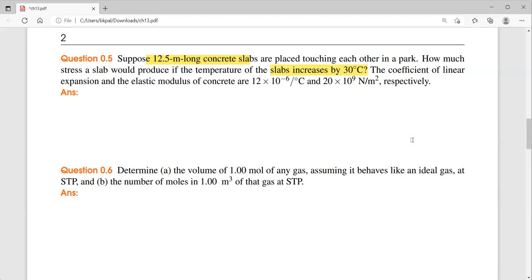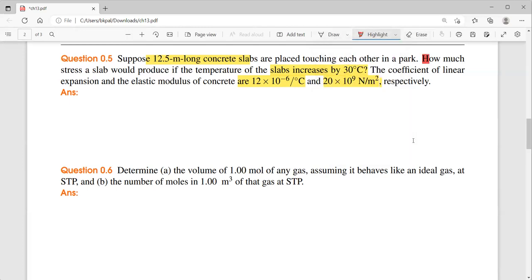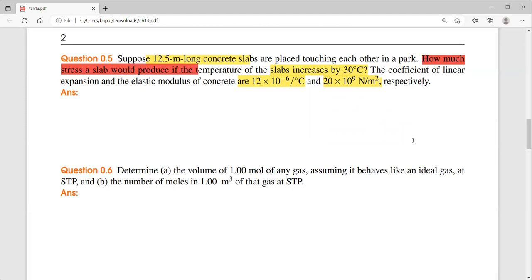And it also gives us the linear expansion coefficient for the concrete and the Young's modulus, or the elastic modulus, for the concrete. And we have to calculate basically the stress of the slab.